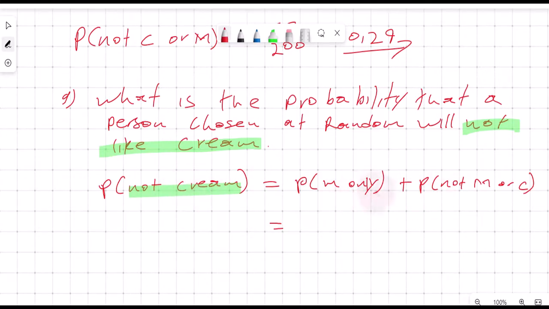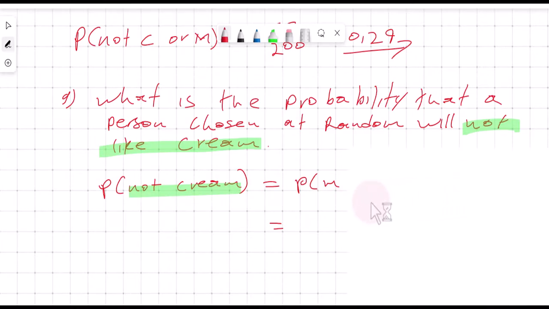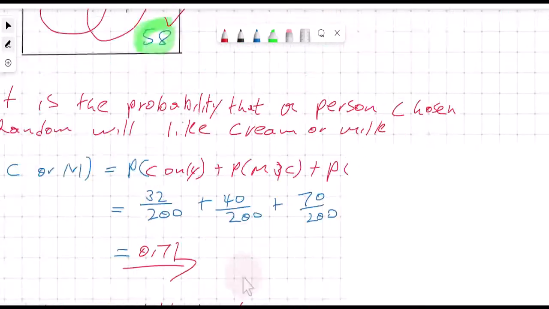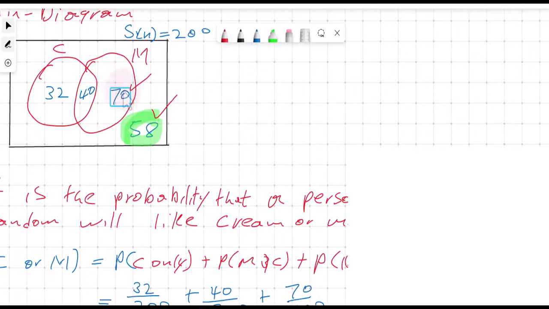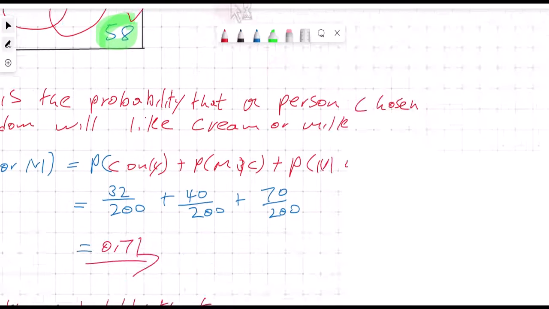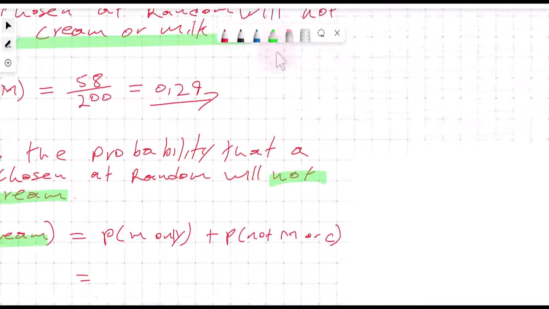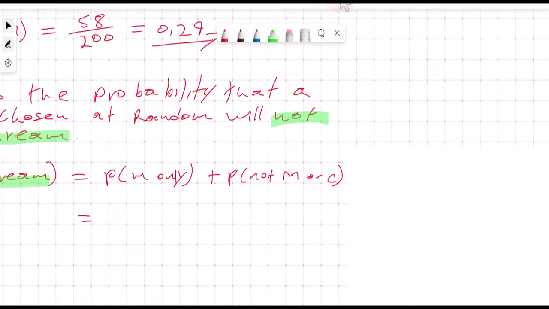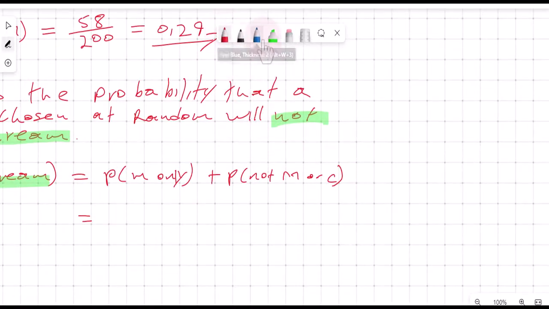So let's see. Milk only, how many are there? It's 70 over 200. Then we add the probability of not milk or cream, which is 58 over 200, the one that we did earlier.